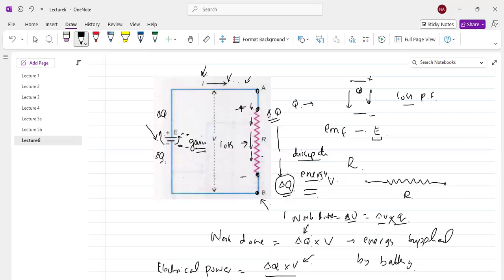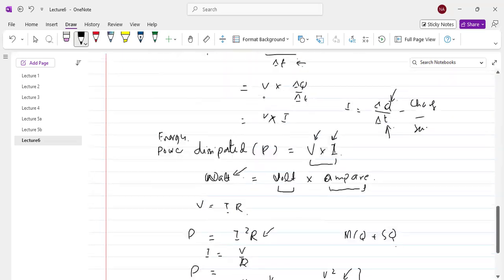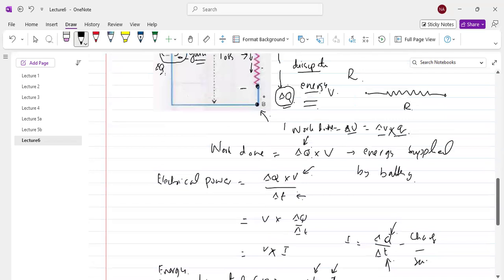Thus the battery provides the energy to the charges, which maintains the constant current across the resistance, and this energy will be dissipated across the resistor. So we say that the battery supplies energy, and this energy is dissipated in the resistor. This is all about the energy flow and energy dissipated in case of a resistor.